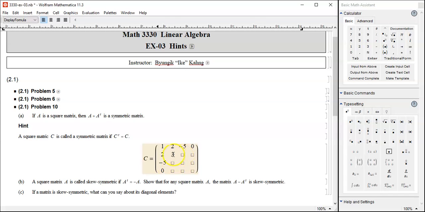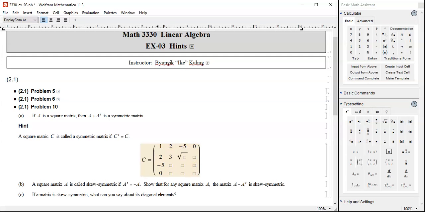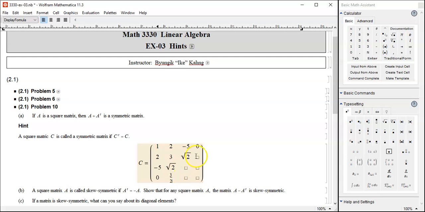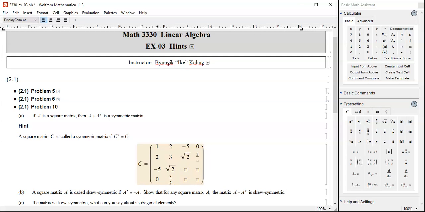This can be anything because if I transpose, it stays itself. This time let's take square root of 2, and this has to be square root of 2 as well. And then this is, say, 3/2. That also has to be 3/2. And then finally this one.